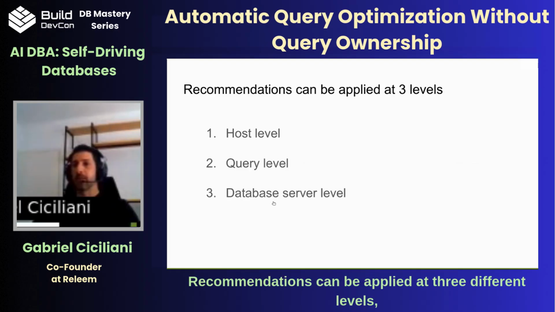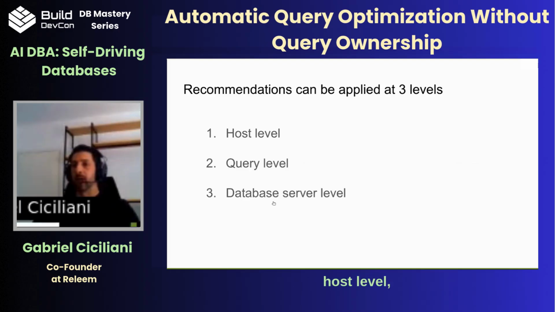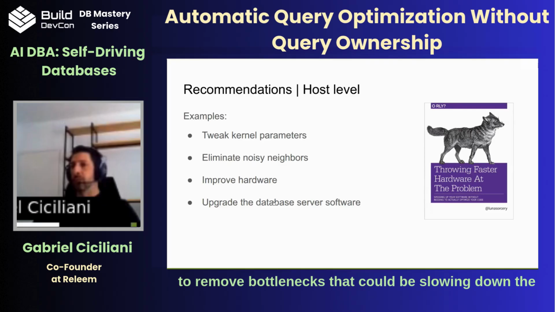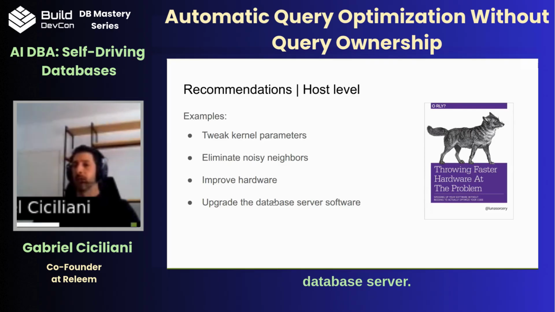Usually recommendations can be applied at 3 different levels: host level, query level, and database server level. So let's dive into each one of these. Recommendations at the host level are changes usually made at operating system level, to remove bottlenecks that could be slowing down the database server.